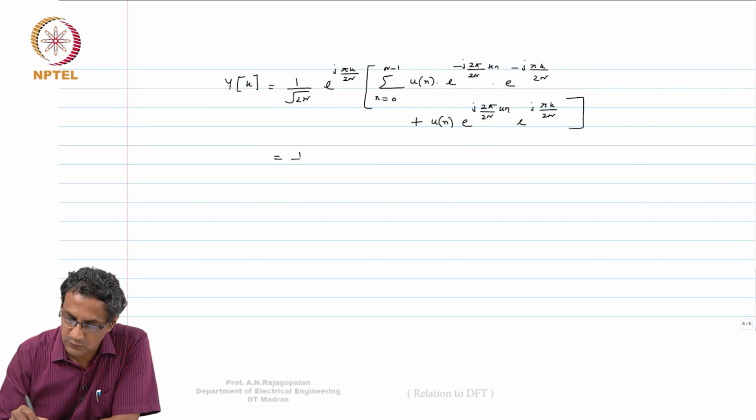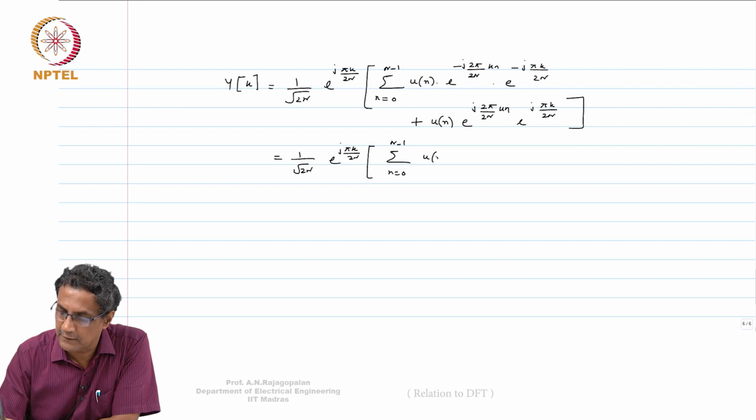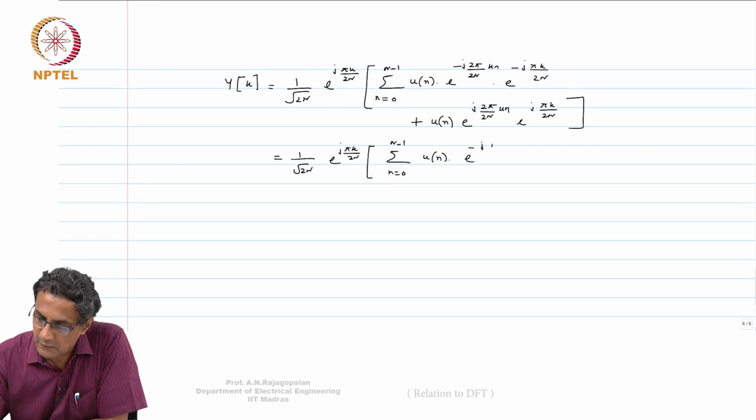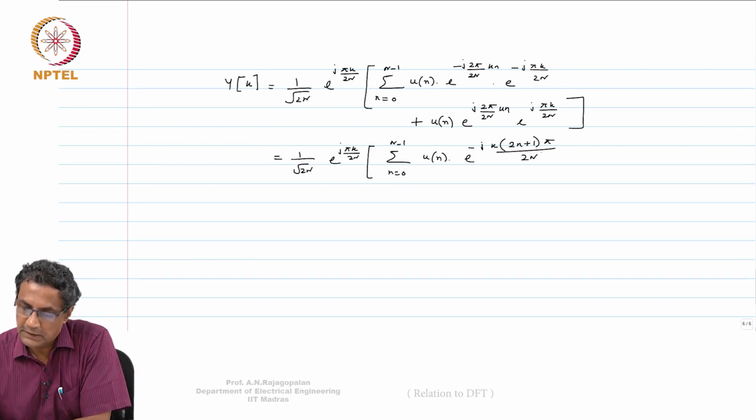So this is 1 by root 2n e raised to jπk/2n, summation n equals 0 to n minus 1, u(n) e raised to minus j k(2n plus 1) into π by 2n, correct.